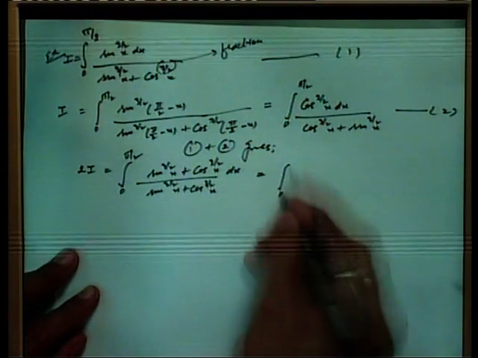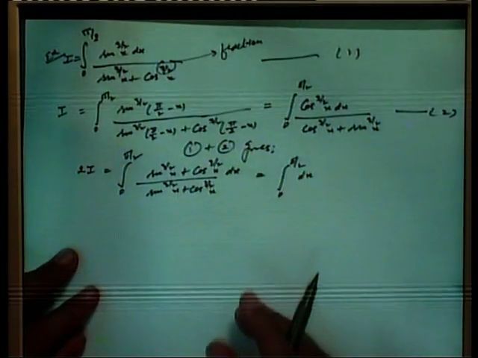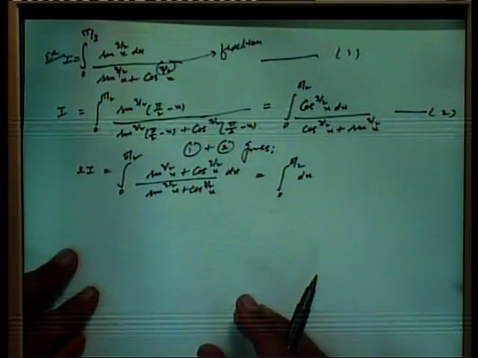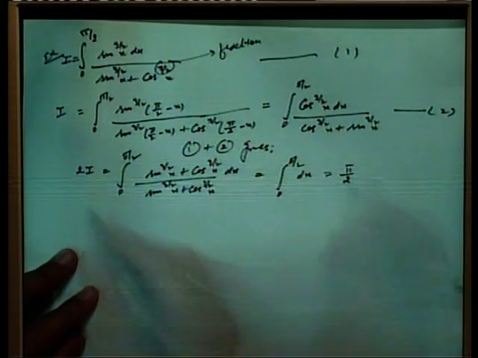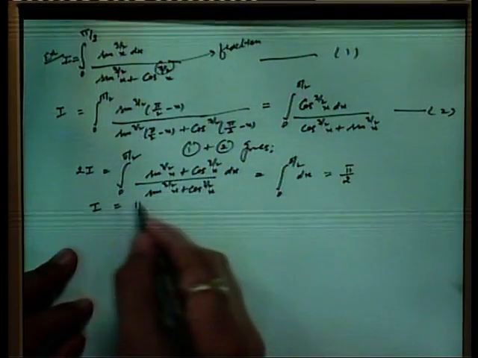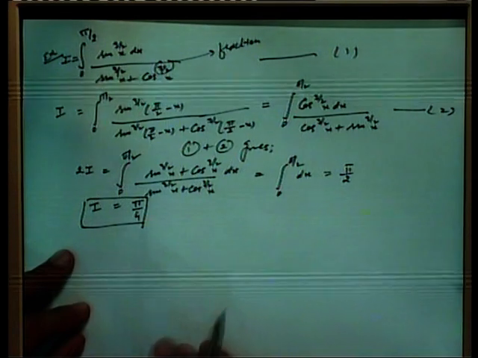On cancellation we are left with dx. Numerator and denominator are the same, so they cancel each other. On integration we get pi by 2. So 2I is pi by 2, therefore I is pi by 4.